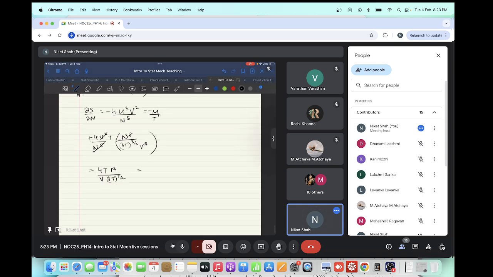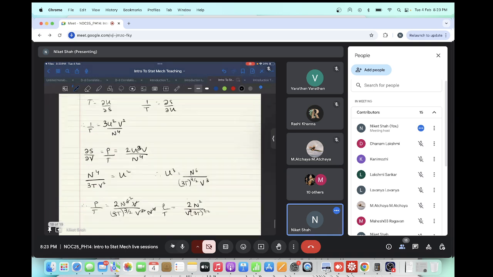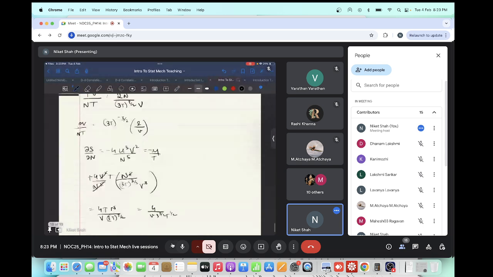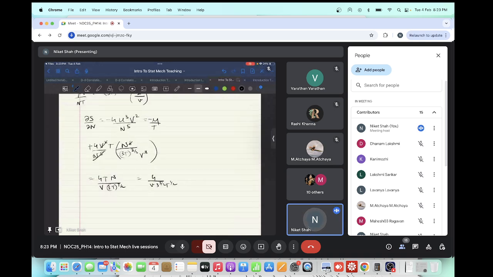So 4 divided by small v 3 raised to power 3 by 2 t raised to power 1 by 2.